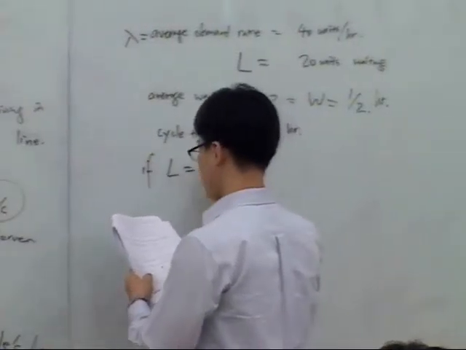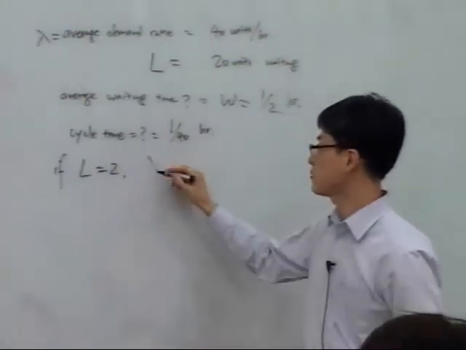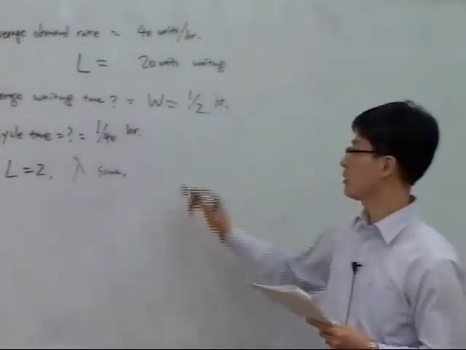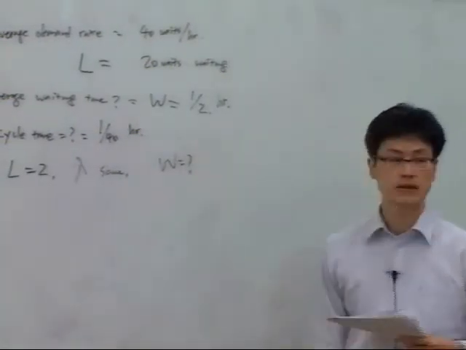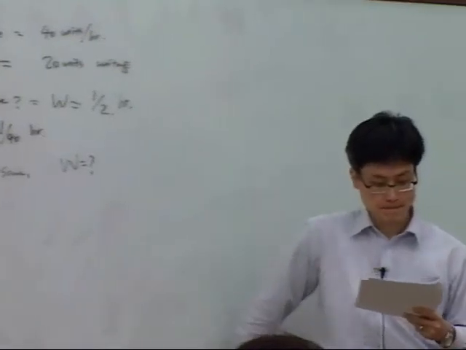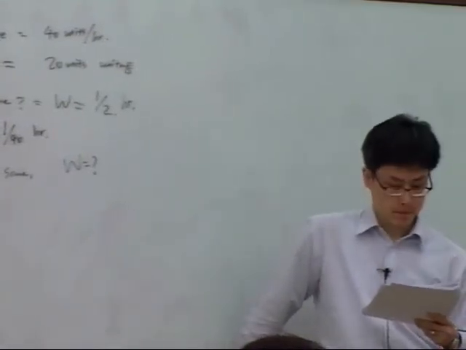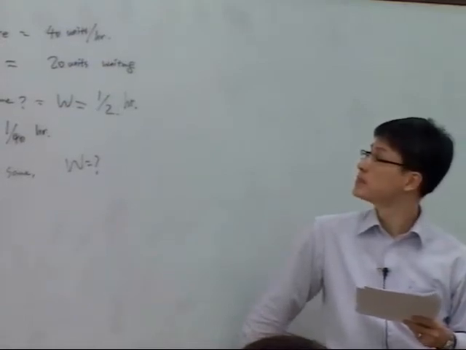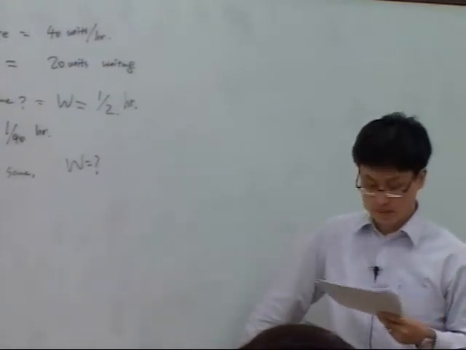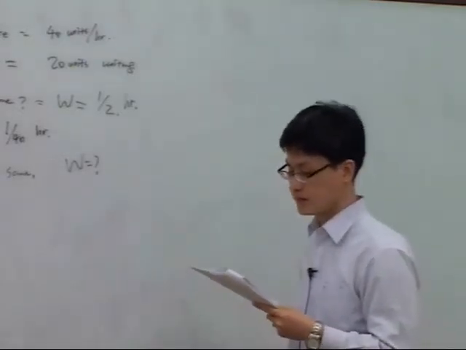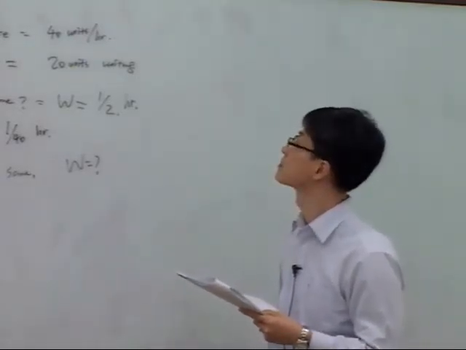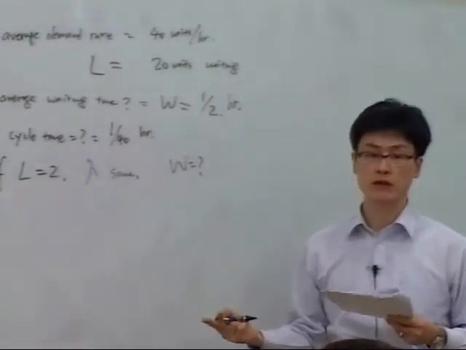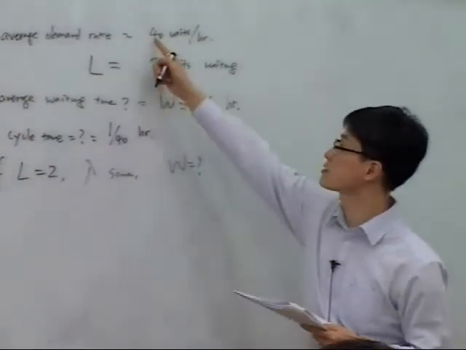If L is 2 and lambda is the same, okay? And what is W? For now, 2 units are waiting, and lambda is the same.